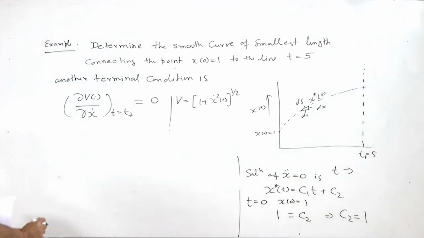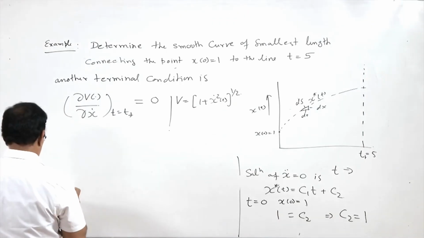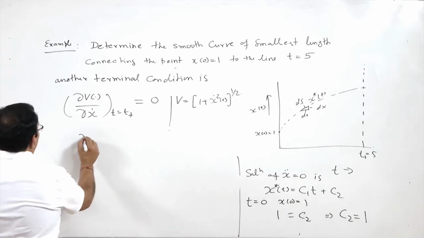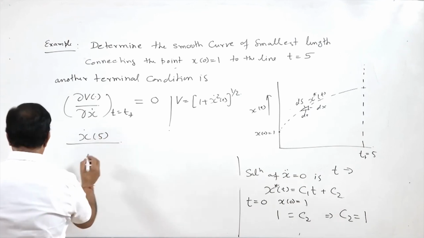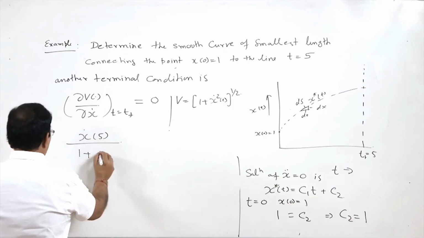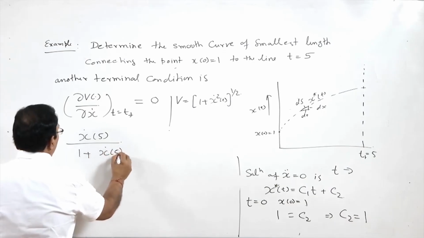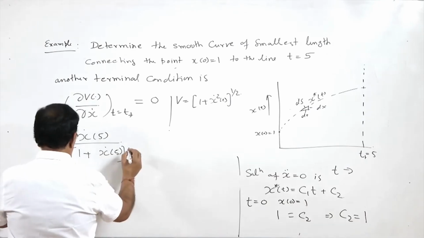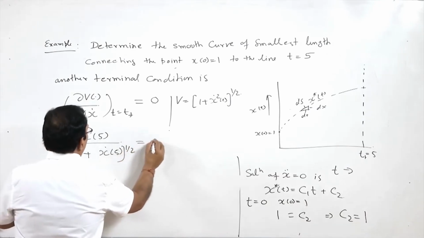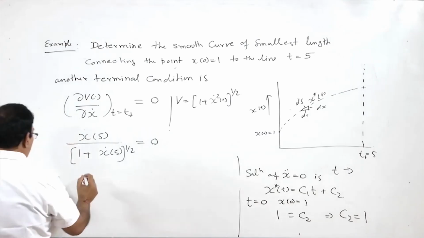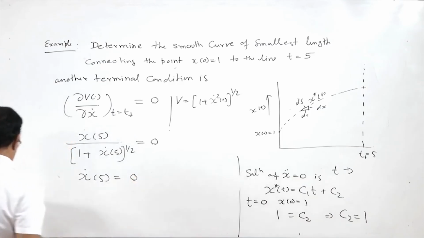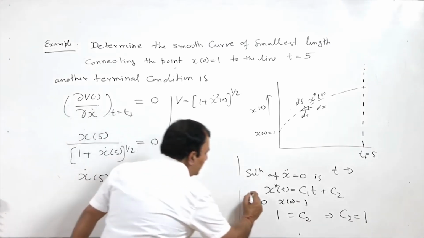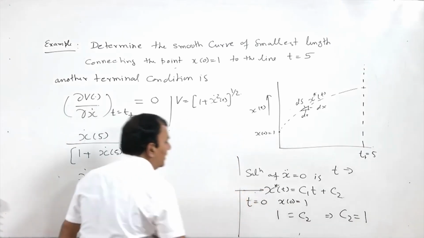So, del V by del x dot, if I take it at t equal to tf, because tf is 5, is x dot over square root of 1 plus x dot squared, which equals 0. This means this gives me x dot 5 equal to 0.